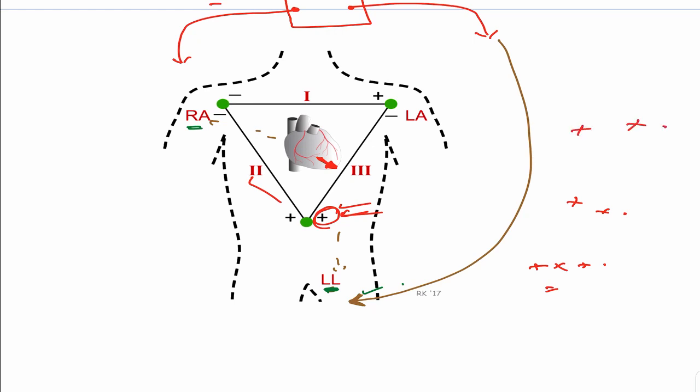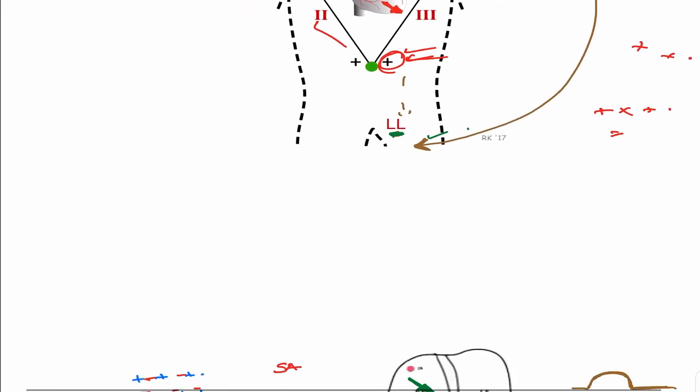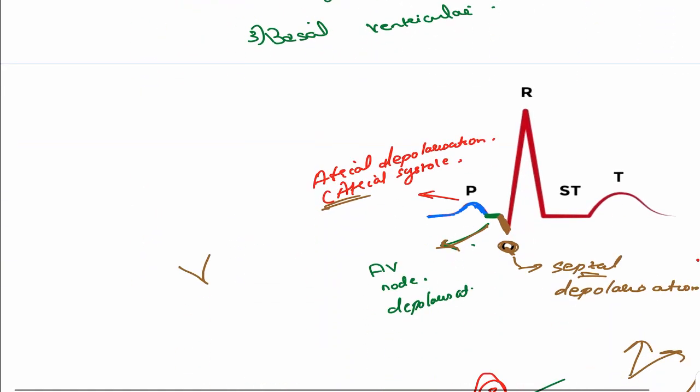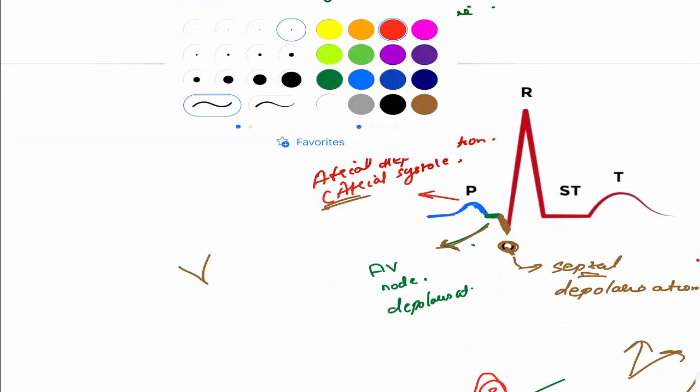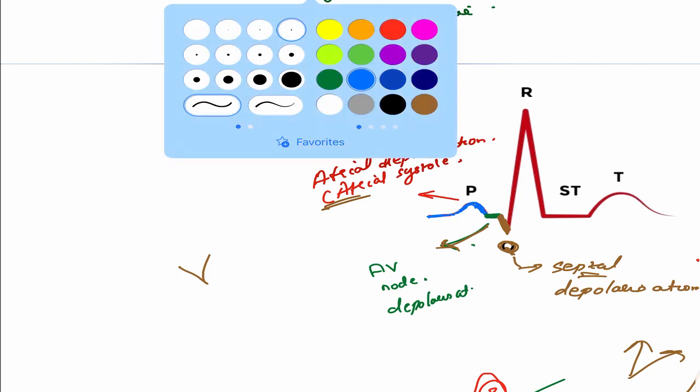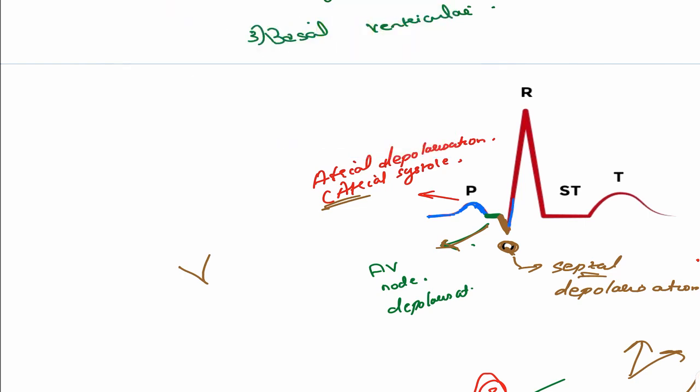The major ventricular portion is thicker, so it has a very high contractile power and the depolarization is very high there. So what we will see is an upward deflection which is very strong.